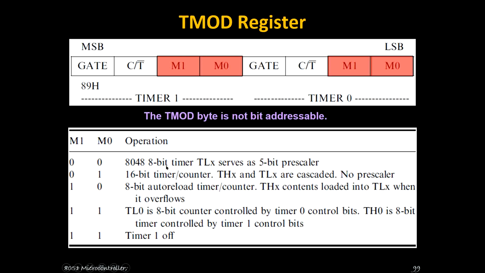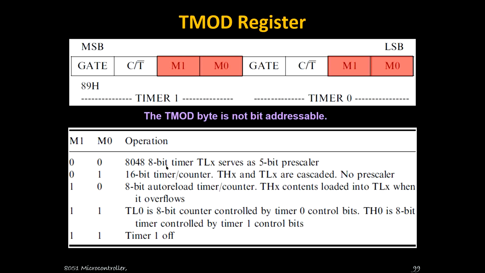Remember, in the first mode, mode 0, it is an 8-bit timer where we use the timer low register, and the other 5 bits, the higher bits TH, will be prescaled. Already the 5 bits are set, totally 13 bits. We will come to the explanation and understand that. Next we have 10, that is mode 2 operation.